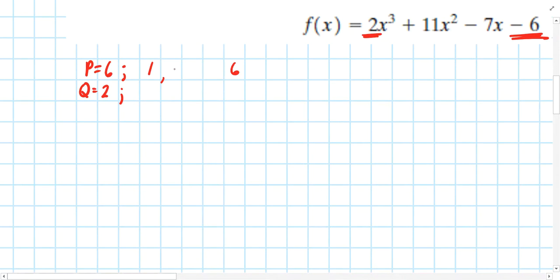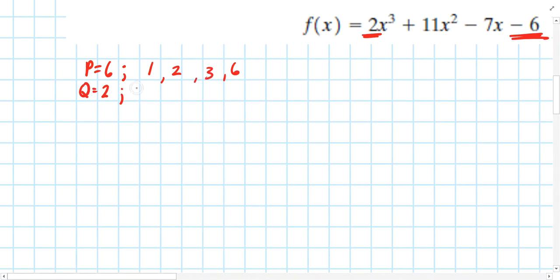Does 2 go into 6? Well, certainly it does. And 2 times 3 equals 6. So now I have a list of numbers. If there were any additional factors of the number 6, they would have to exist between 2 and 3. But since there are no other whole numbers between 2 and 3, I know I now have a complete list. And I may even clean up the format just a little bit.